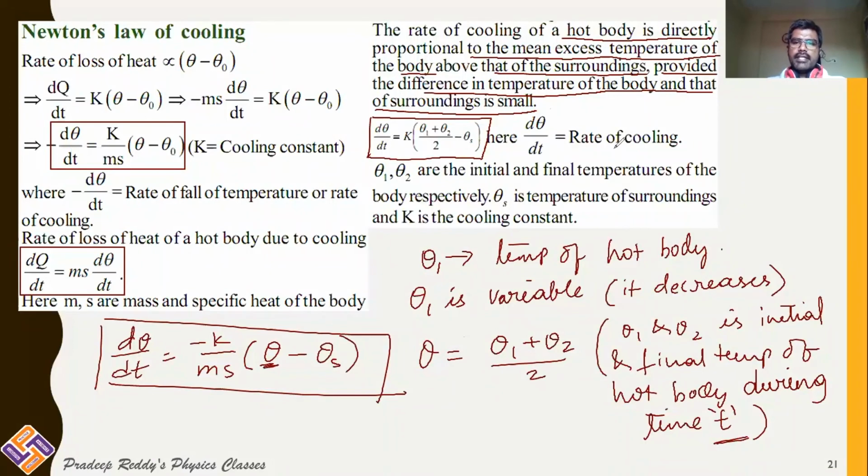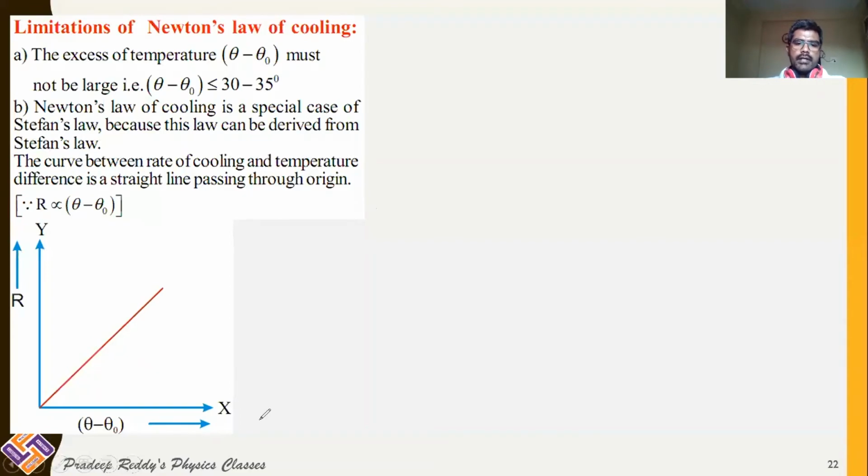And this d theta by dt is called the rate of cooling of the substance. The limitation concerns the excess of temperature, that means theta minus theta naught, where theta is the temperature of the hot body and theta naught is the temperature of the surroundings.